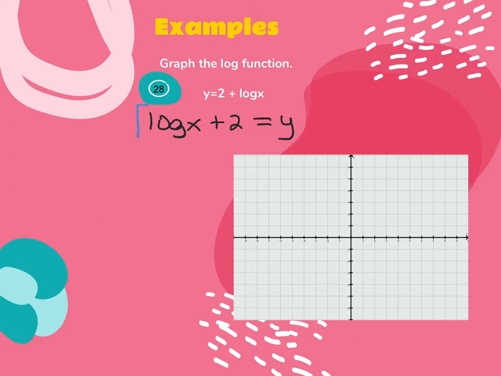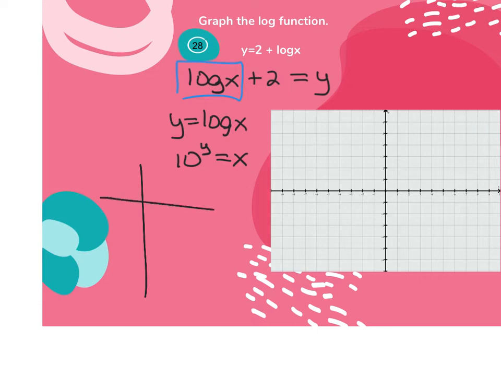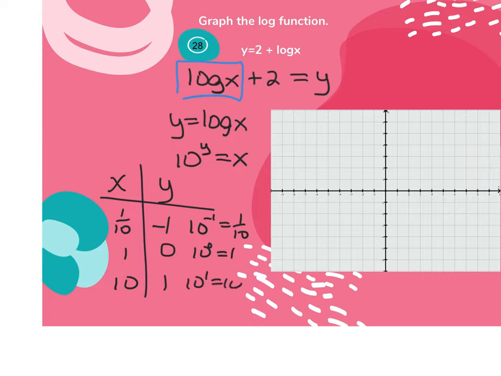So first thing I'm going to do is just graph this one, or make the t-chart for this. So I'm going to just do log of x. So again, if I turn that into exponential, base 10 to the y power equals x. Let's do the t-chart for that. -1, 0, and 1. So again, remember this was the 1/10, the 1, and the 10, because 10 to the -1 is 1/10, 10 to the 0 is 1, 10 to the first is 10.